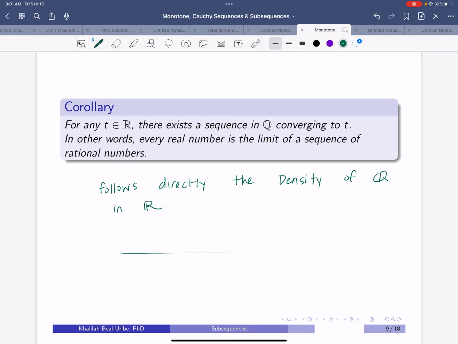Because what we're saying is that in between any two real numbers, you have a rational number.